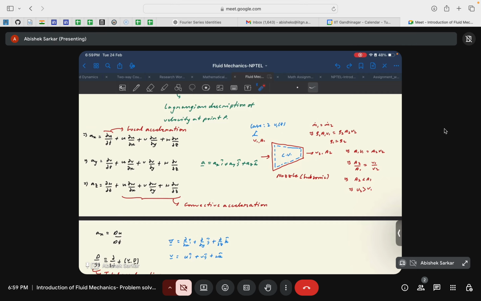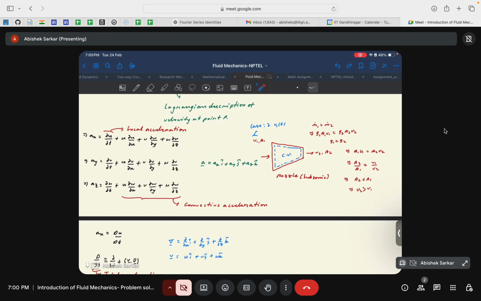Now let us consider a different scenario where, for some reason, the inlet velocity field is also changing with time. Say this inlet velocity is a function of time and it is increasing with time.